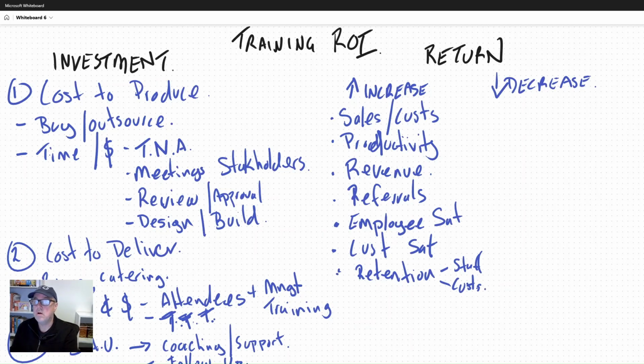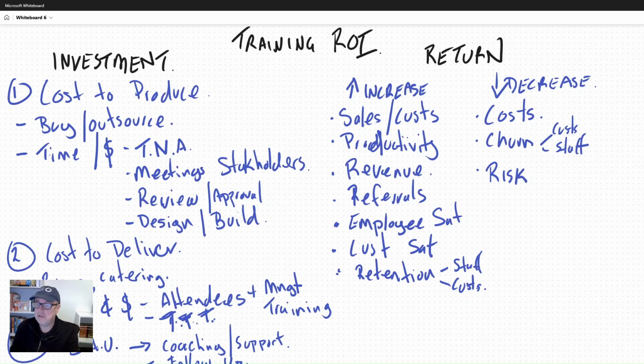All right, or our return may be a decrease in the costs of doing business, a decrease in churn, so the reverse of retention. Could be churn of customers, could be churn of staff. And importantly, and often overlooked, is a decrease in risk.